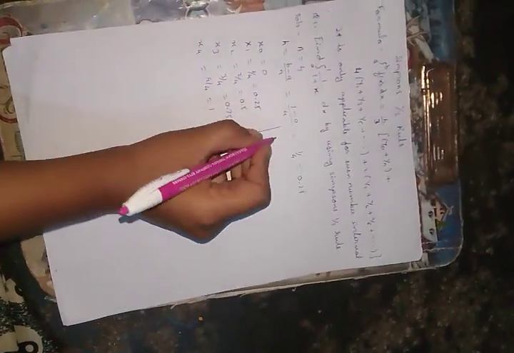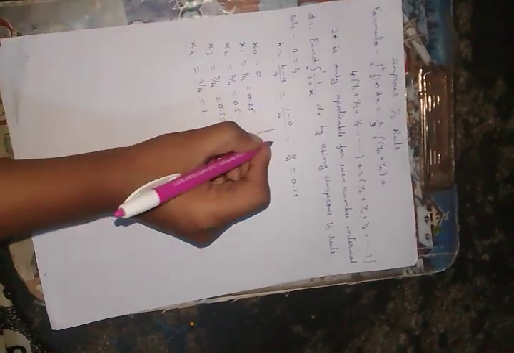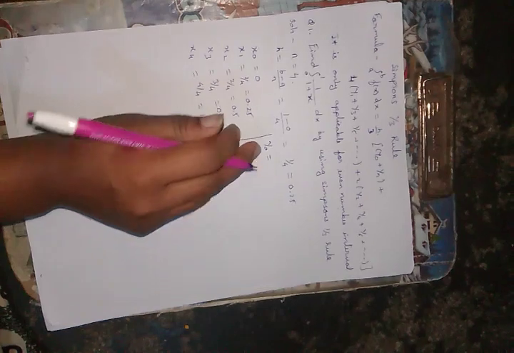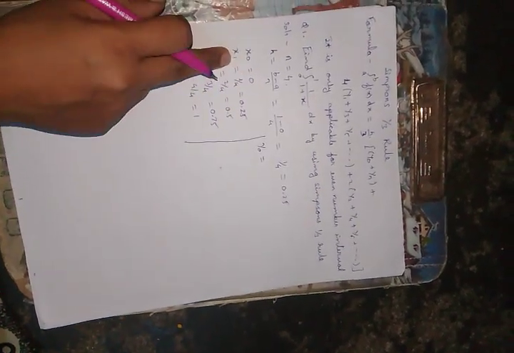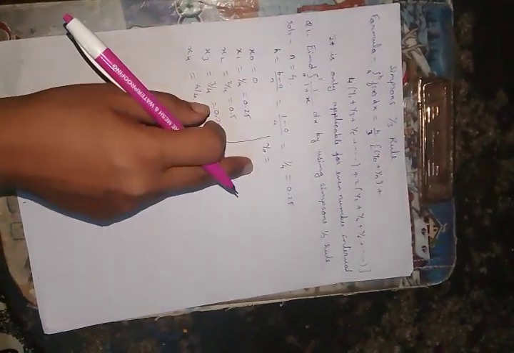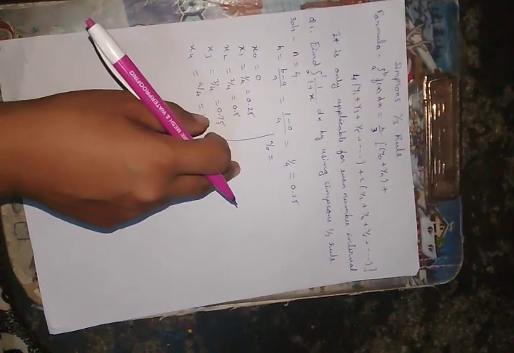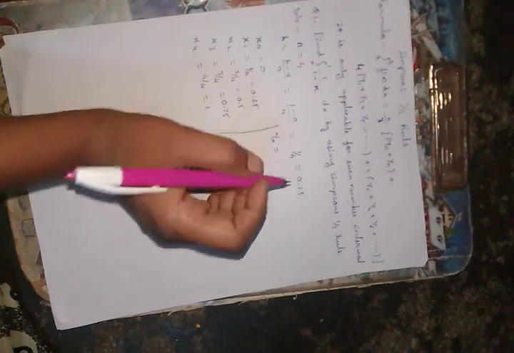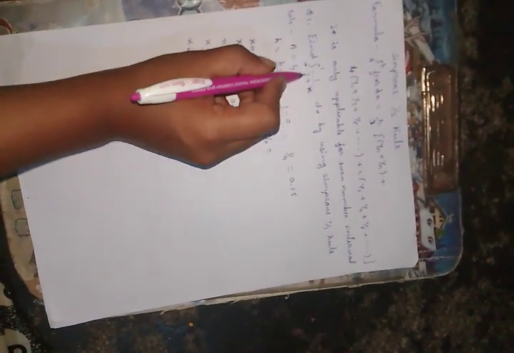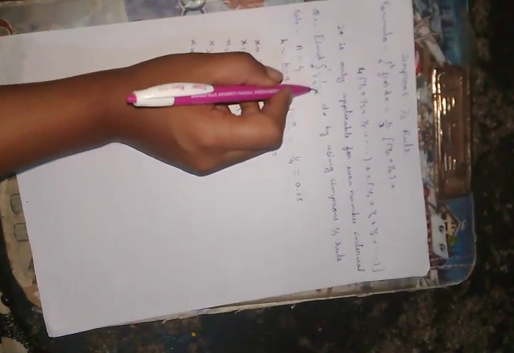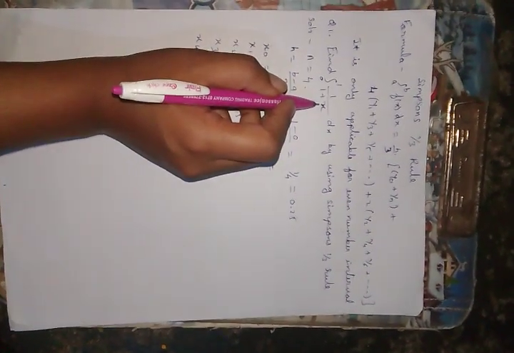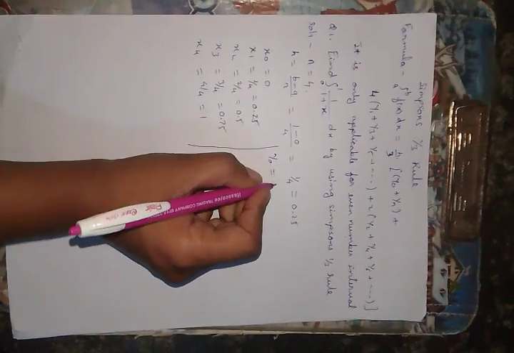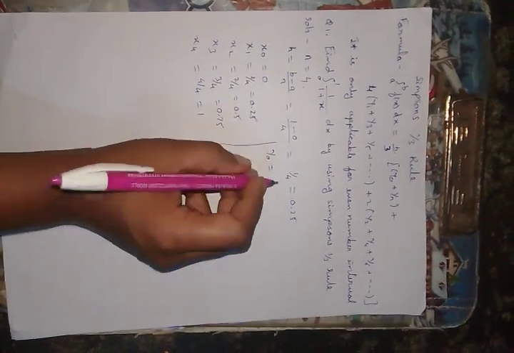Now we have to calculate the y values. We calculated x with the help of h, and now we calculate y with the help of our question. We put the x value in the question and then calculate the values of y.